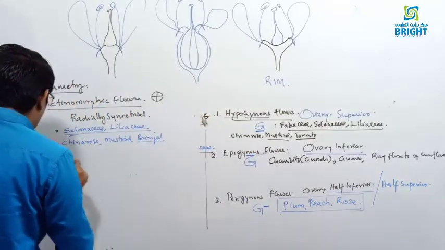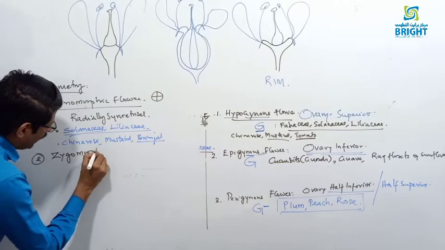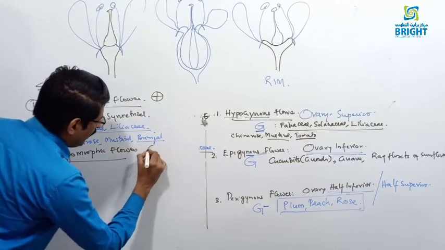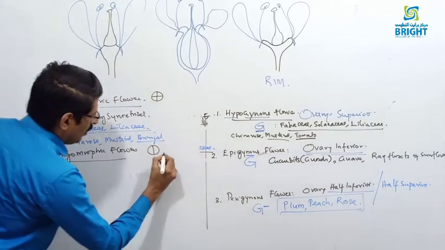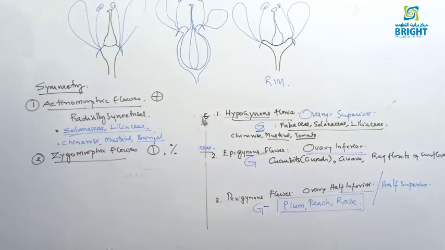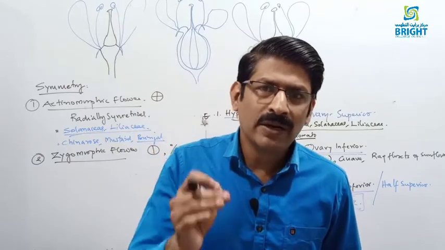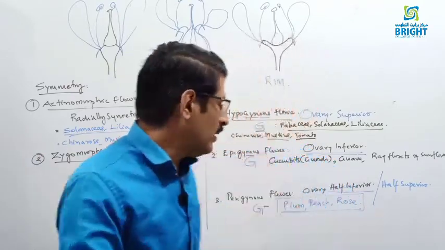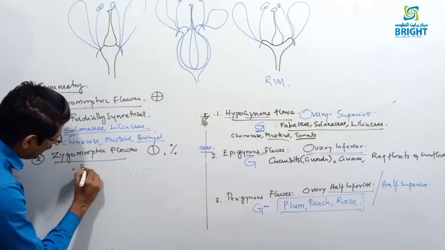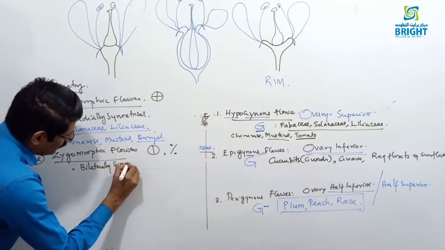Such a flower is called zygomorphic flower, and it is represented by a round with a single line, or as per our NCERT, the percentage symbol. Such a flower is called zygomorphic. And here the flower is bilaterally symmetrical.